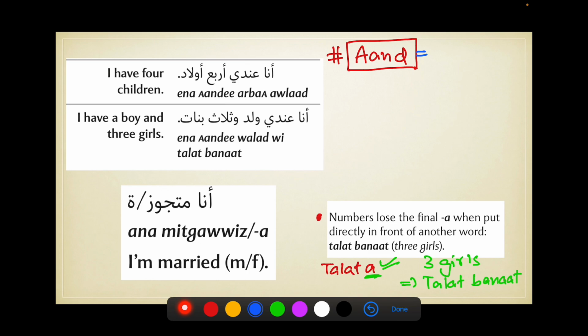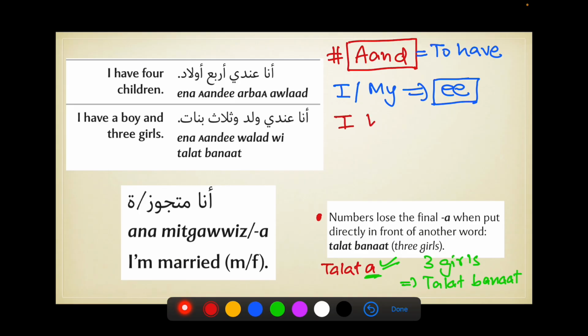Another thing we have to learn is عندي, which means to have. And as we already learned, while using I or my, we add the E at the end of the word. So here, if I have to say I have, I will have to write ana عندي.